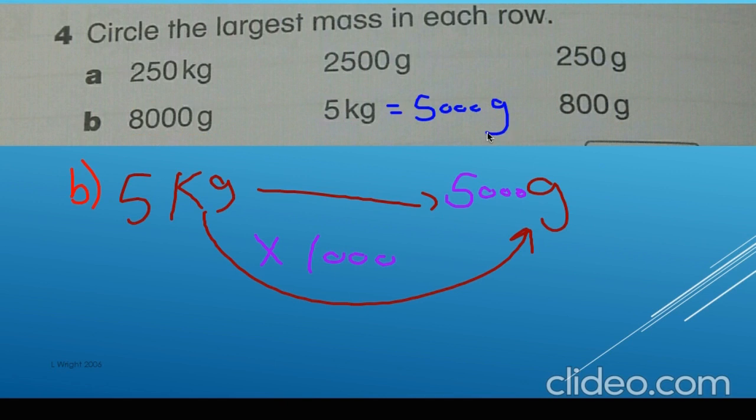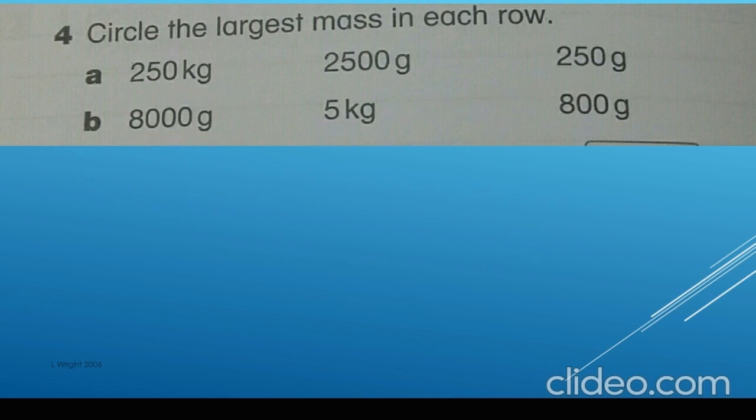Now, let's compare. We have 8,000 grams, 5,000 grams, 800 grams. So, the biggest one or the largest one is good, 8,000 grams. Move to another one.